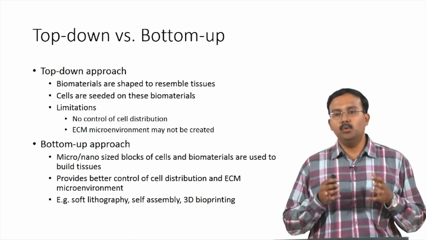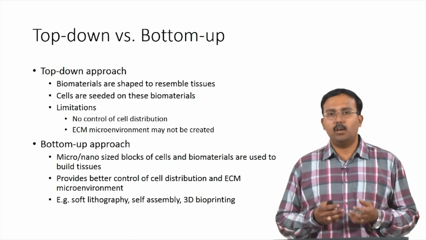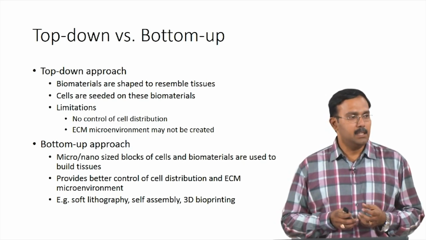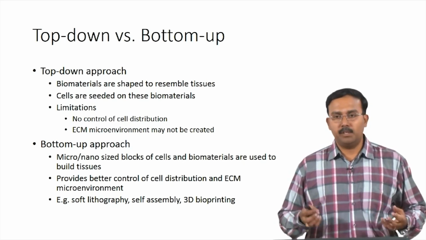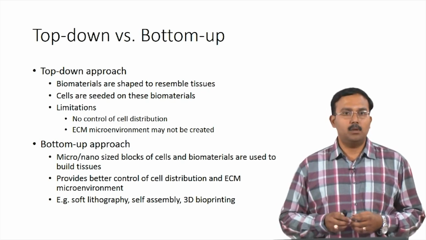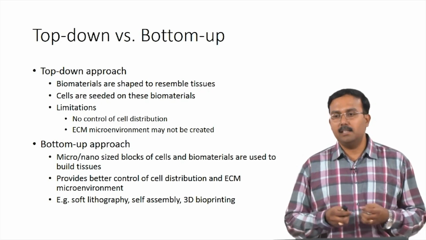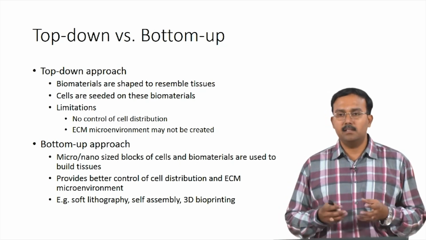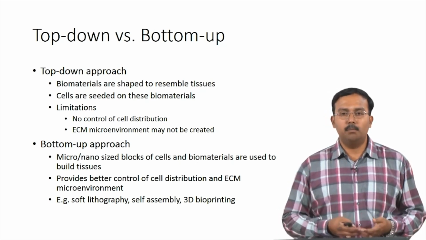When you are talking about designing scaffolds and tissue engineering constructs, there are two approaches. One is a top down approach, where you prepare materials which resemble the shape of a tissue, then seed cells on top of this, culture them for a period of time, and then implant this tissue engineered construct into the body.